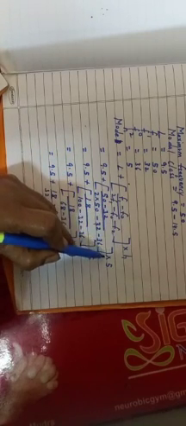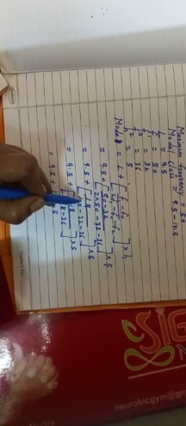L is 9.5 plus, F1 is 50, F0 is 32, upon 2 into F1, 2 into 50, minus F0 which is 32, minus F2 which is 36, into 5. That is equal to 9.5 plus 50 minus 32 is 18, upon 2 into 50 is 100, minus 32 minus 36, into 5.